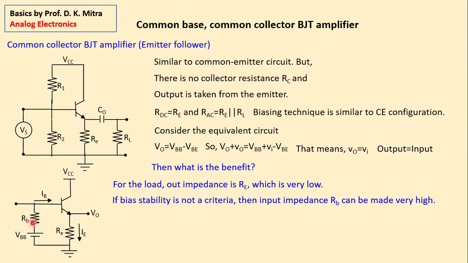You can make Rb 50 kilo ohm or so. Now, input impedance for this amplifier is Rb. So Rb can be very high. So you have got an amplifier whose input impedance is very high and output impedance is very low. So your friend who has come with the load equipment will like it. And your another friend who wants to connect his equipment to your equipment also will like it because your input impedance is very high.